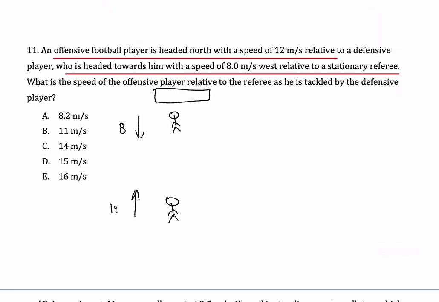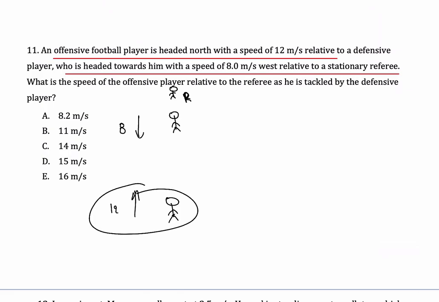And what is the speed of the offensive player relative to their stationary referee? Sorry, for some reason I read fence. So somewhere here I have a referee that is not moving. Now we can try to answer this with common sense.